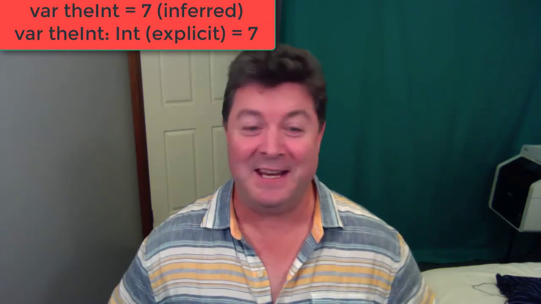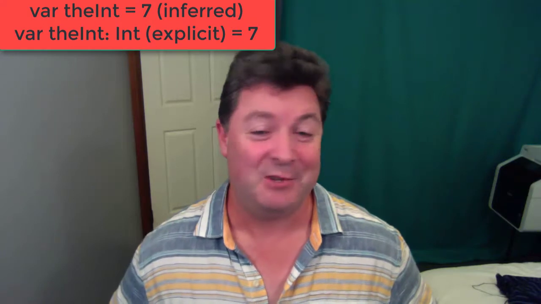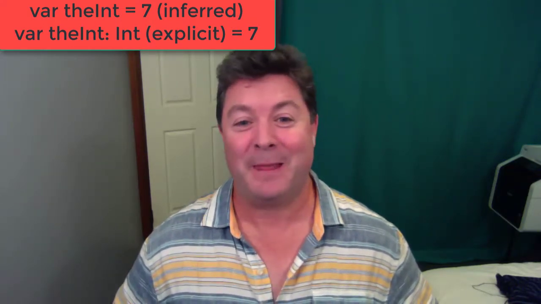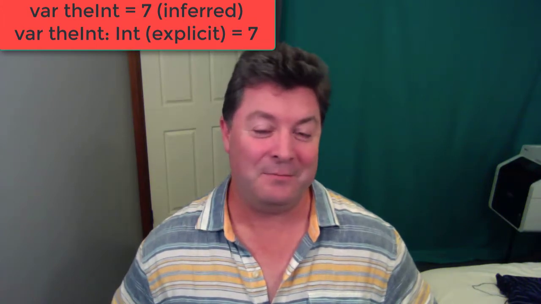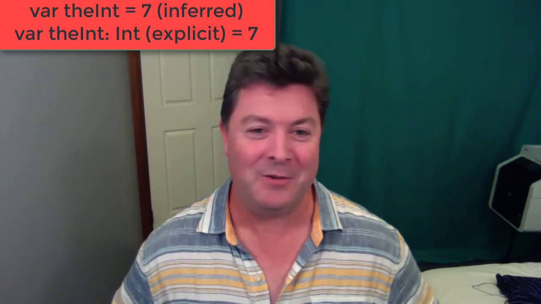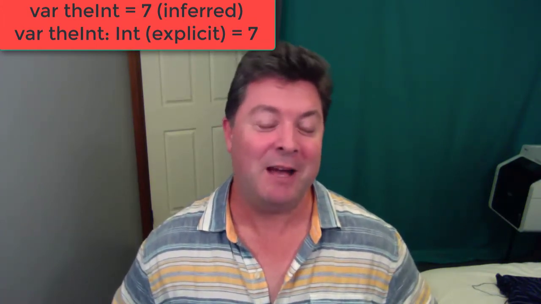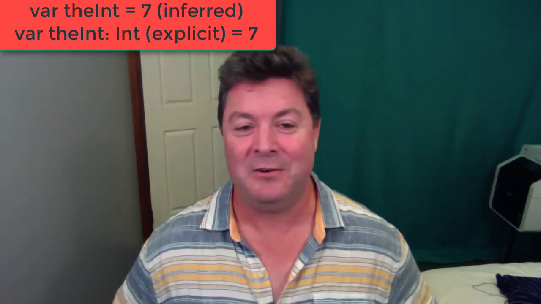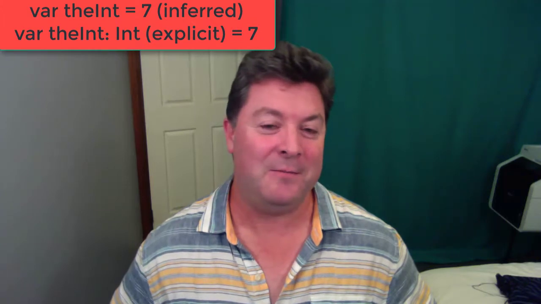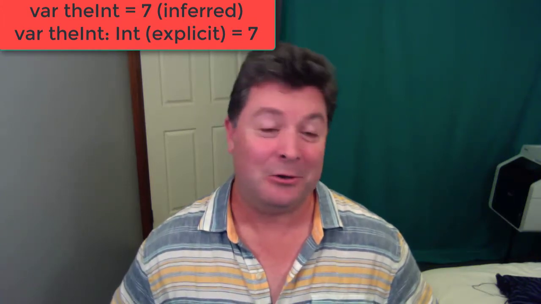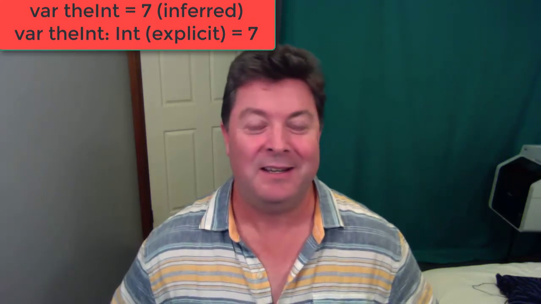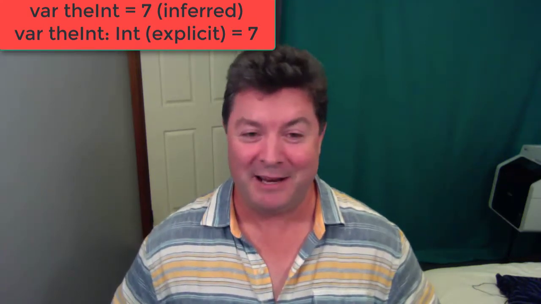So the third thing is inferred data types, which I find terrible. They're bad. And the reason for that is the inference just may not be obvious. It might not be obvious to you as a programmer or to some other programmer who's looking at your code, and you're far better off when you make a variable or constant definition to actually define the data type so that it's there in black and white.